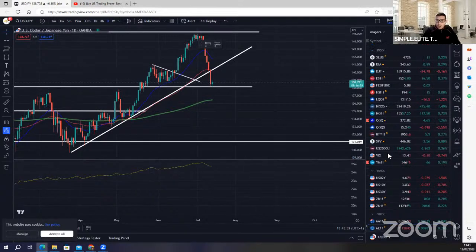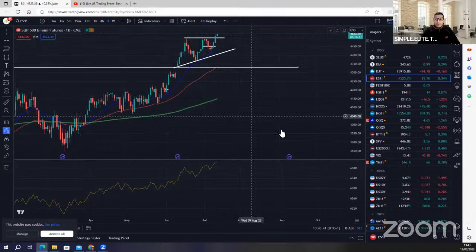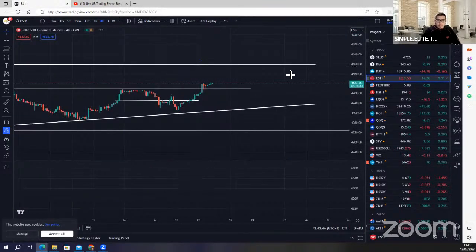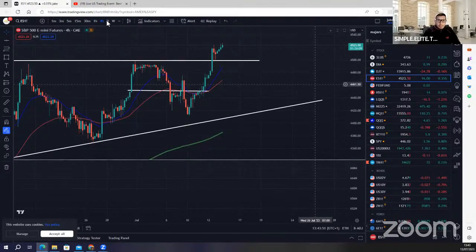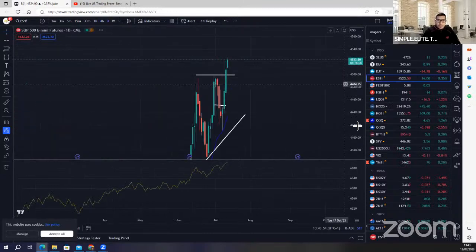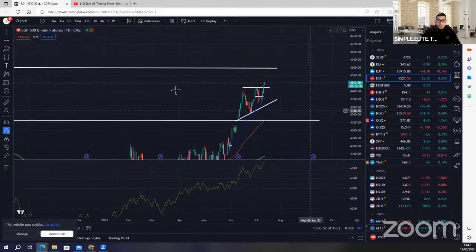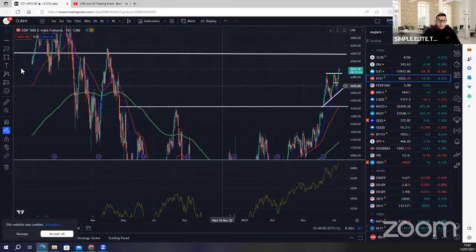Okay, moving on to indices. S&P 500. Also on S&P 500, we said that we want to still be a buyer, but I don't know if there is any more room available, because we are approaching some soft level, which is this area as well.